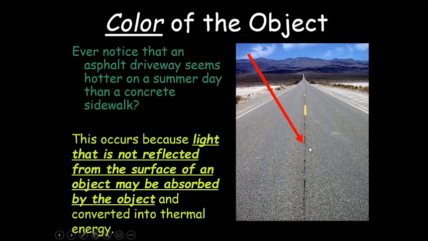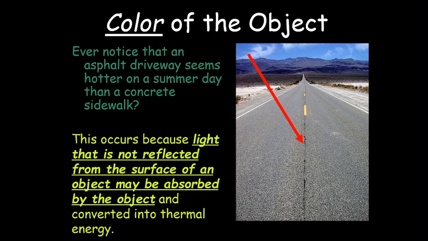Well, this occurs because light that is not reflected from the surface of an object may be absorbed by the object, and it's going to be converted into thermal energy. So you're going to see that in black surfaces. The darker the surface, the more heat it's going to absorb, and it's going to convert it into thermal energy.